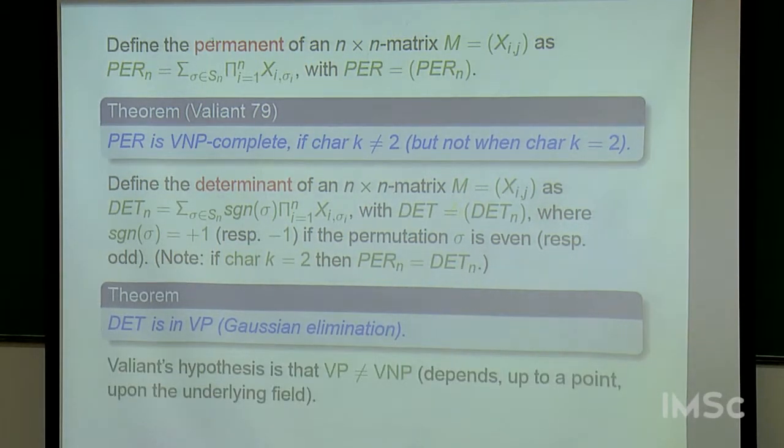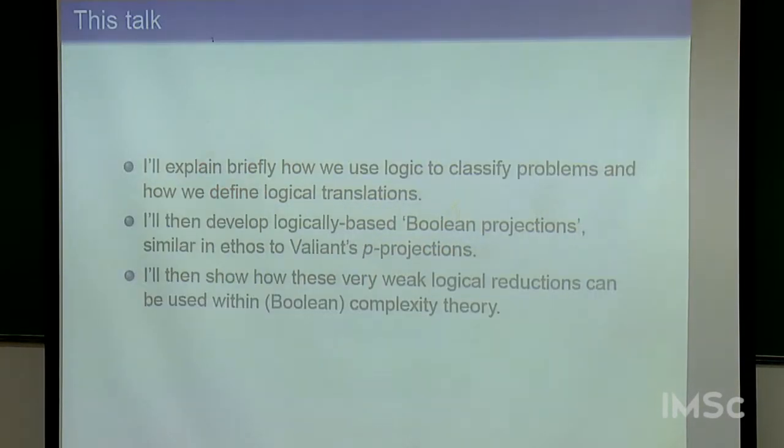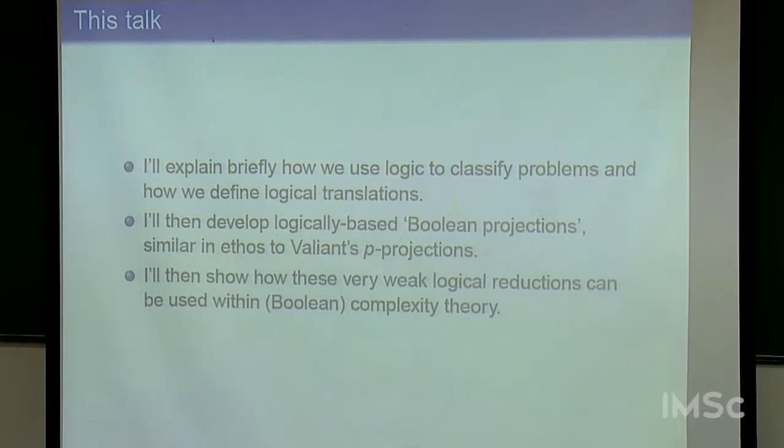And again, as we heard yesterday, Valiant's hypothesis that VP is not equal to VNP depends up to a point on the field. But that's essentially a paraphrase of a lot of what we had yesterday. And so what I want to do here is show how Valiant's notion of projection translates through logic into uniform projections.